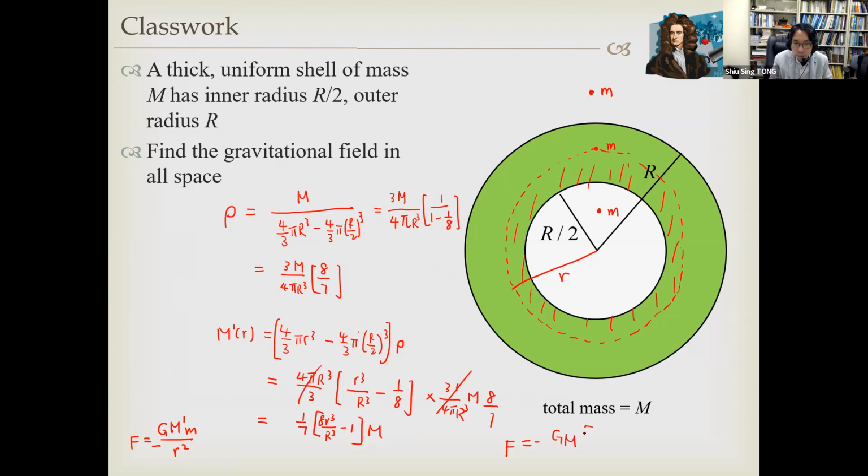Now I have GM after dividing like this. So this is the answer. I hope I did it correctly. I might have made a careless mistake. If you find some careless mistake, please point it out.